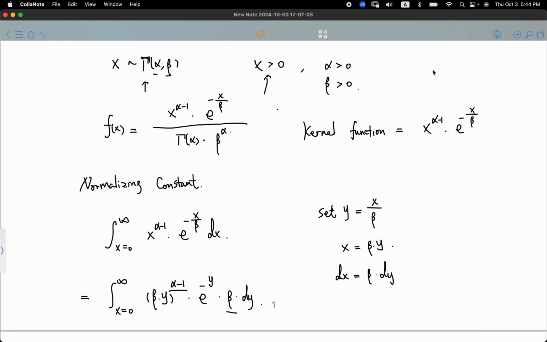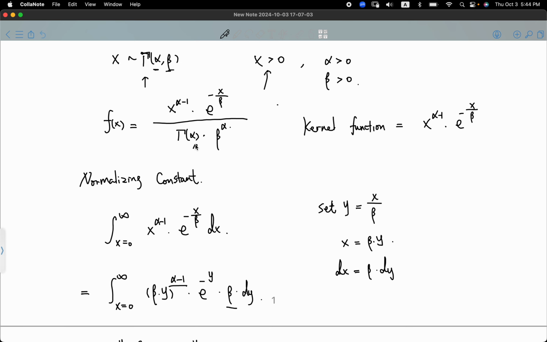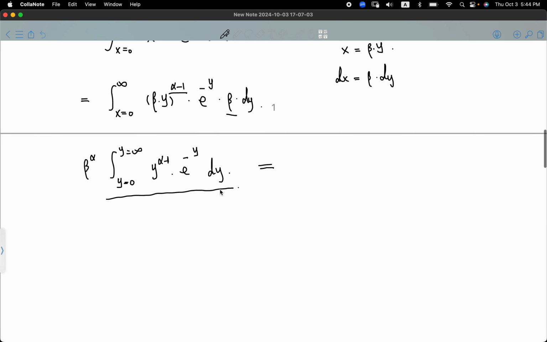So this is referring to the gamma distribution, and you usually put the parameters inside the parenthesis here. And here, for the denominator, this thing is referring to a gamma function, and the gamma function has this particular definition. So this is gamma of alpha. So this particular integral is referring to the gamma function.